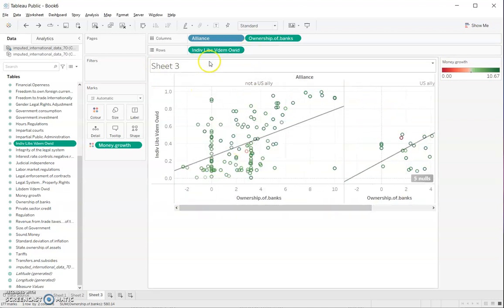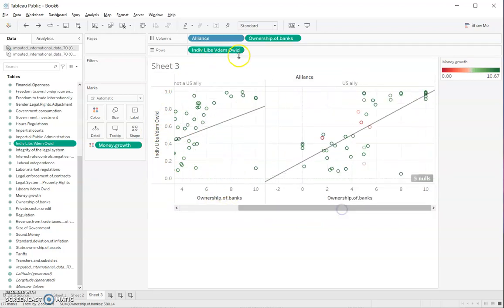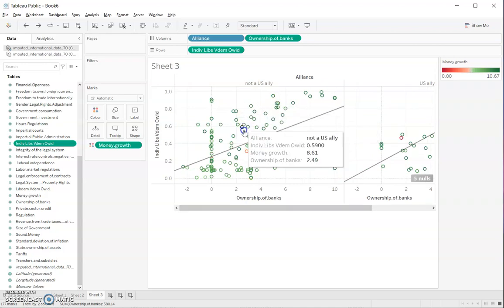Okay, let us see what happened here. On the rows, we have individual liberties, I suppose. And then we have alliance, of course, because we need to color differently. You can see this is US ally, and the green ones are still US allies. On this side, nobody is US ally.